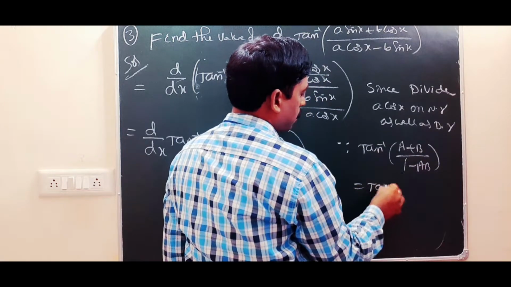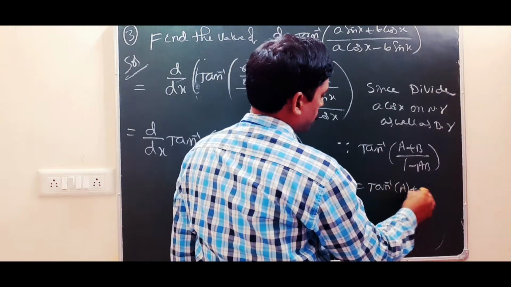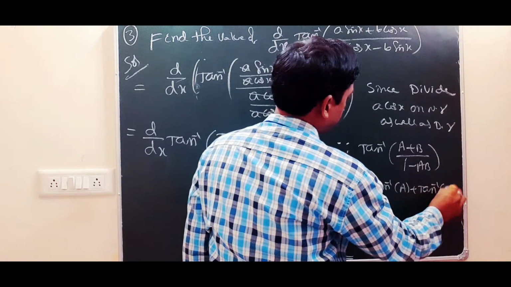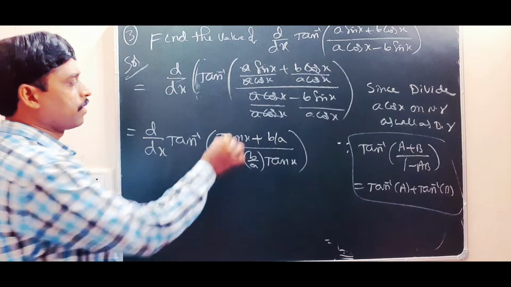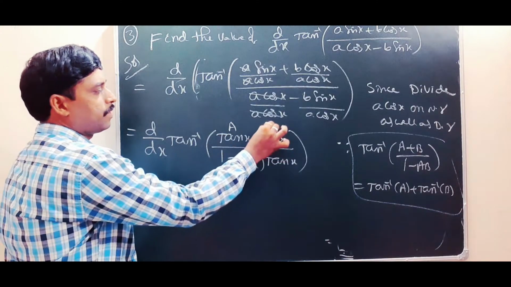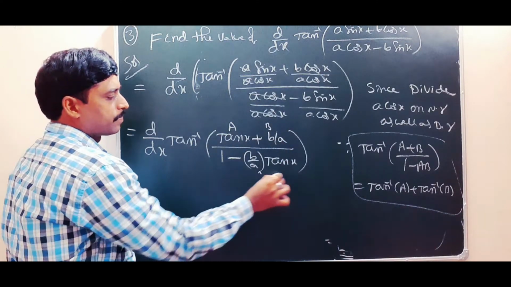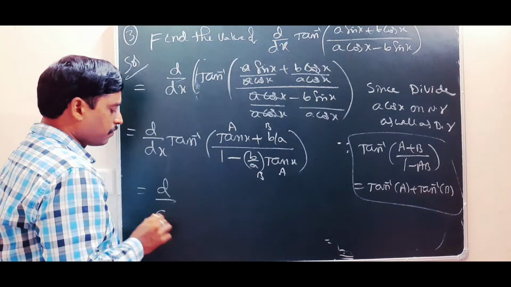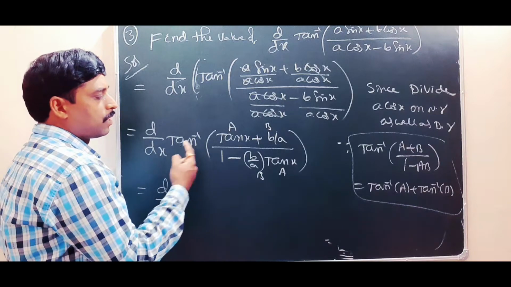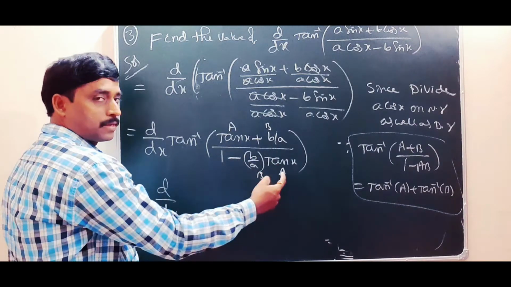We have the formula tan inverse of a plus tan inverse of b, which is tan inverse of (a plus b) by (1 minus ab). So write d by dx of tan inverse of (a plus b) by (1 minus ab).